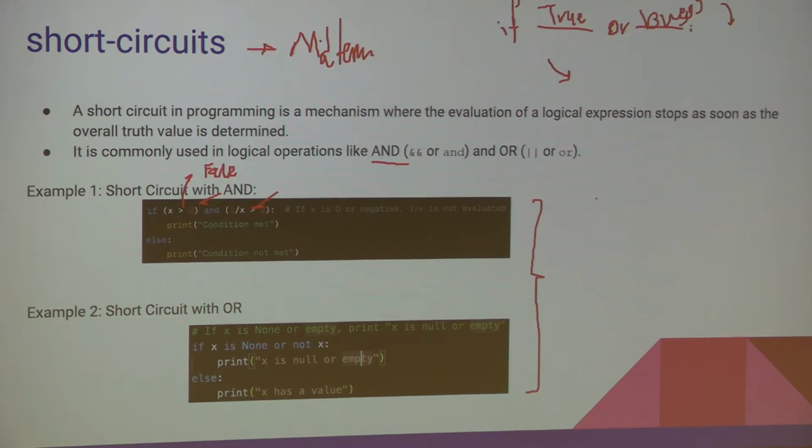The AND needs both sides to be true. So if the first one is false, you're going to be saying, well, there's no point checking the second one because I'm not going to run anyways. So I'm just going to move on to the next block or any block after that. And that's a powerful way to not only simplify the logic of your code, but also sometimes avoid situations in which the first one is true and the second one is buggy, but you're going to run eventually since the first one has been true.